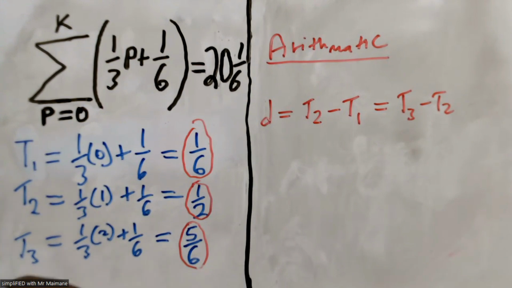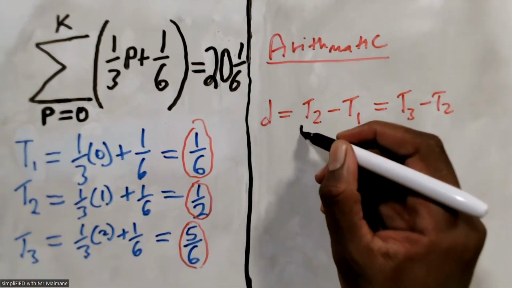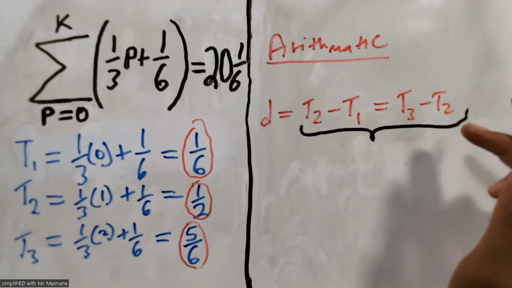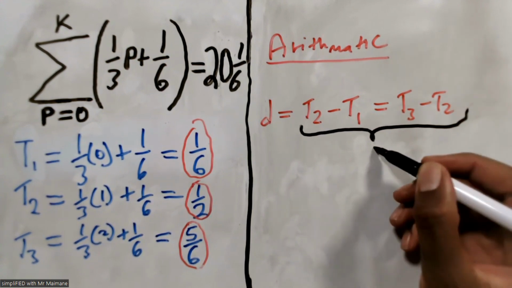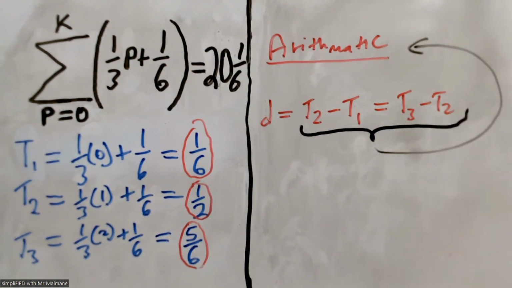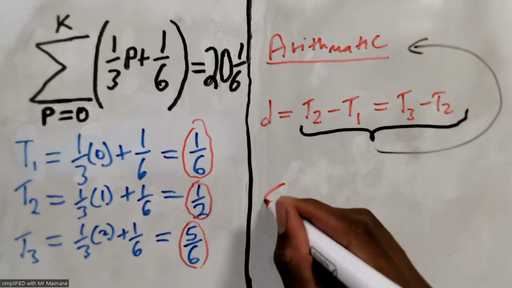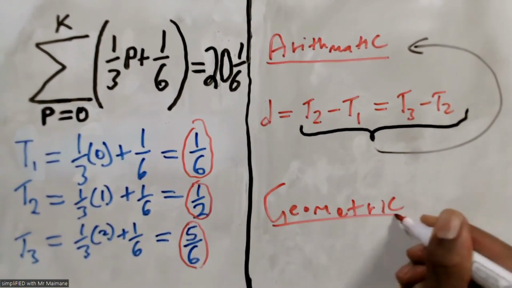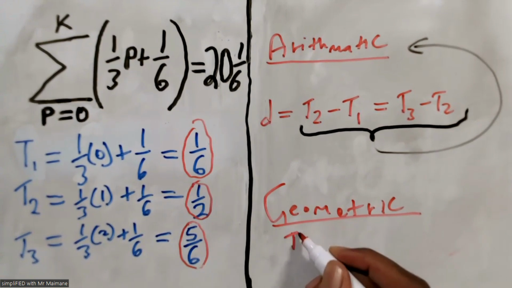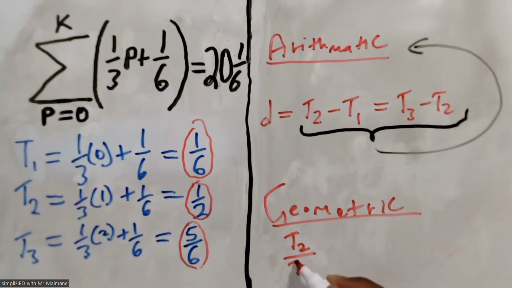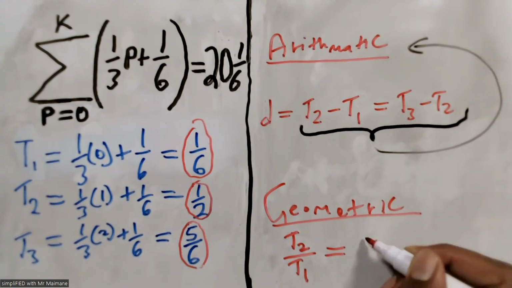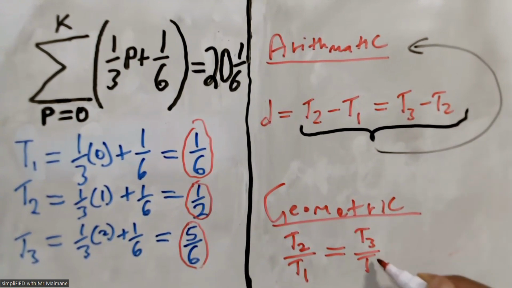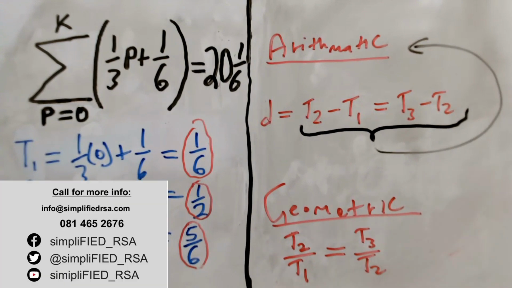If we can prove that T2 minus T1 is the same as T3 minus T2, then we would have proved that this expression is an arithmetic sequence. For a geometric sequence, we just have to prove that when we take T2 and divide by T1, we get the same as when we take T3 and divide by T2. That's how we can prove if the expression is a geometric sequence.